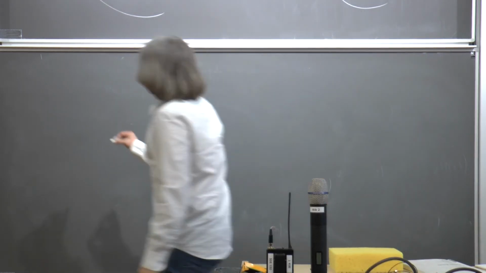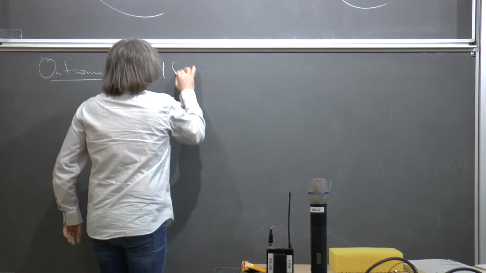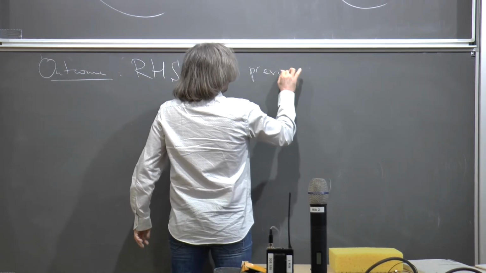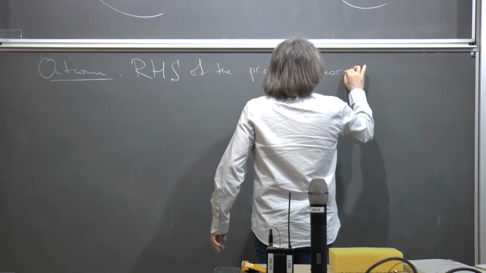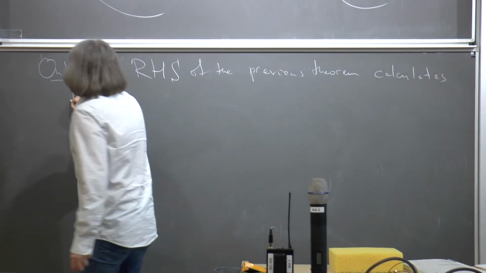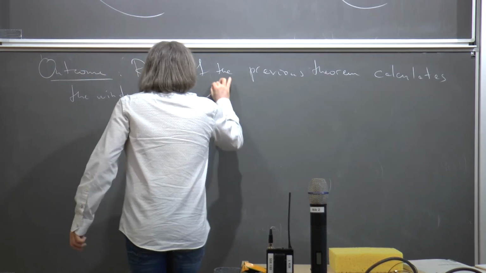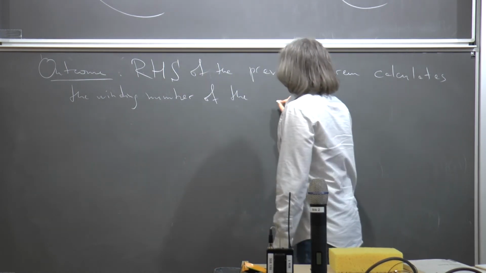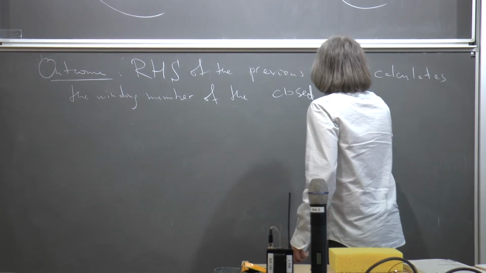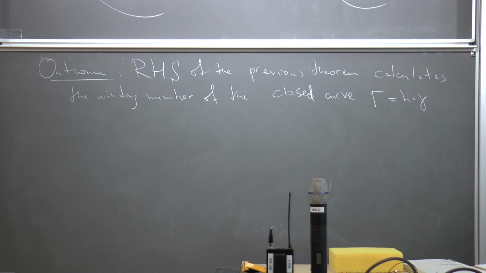So the outcome is the right hand side, these residue expressions of the previous theorem, calculates the winding number of the closed curve, capital Gamma, which is h of gamma.